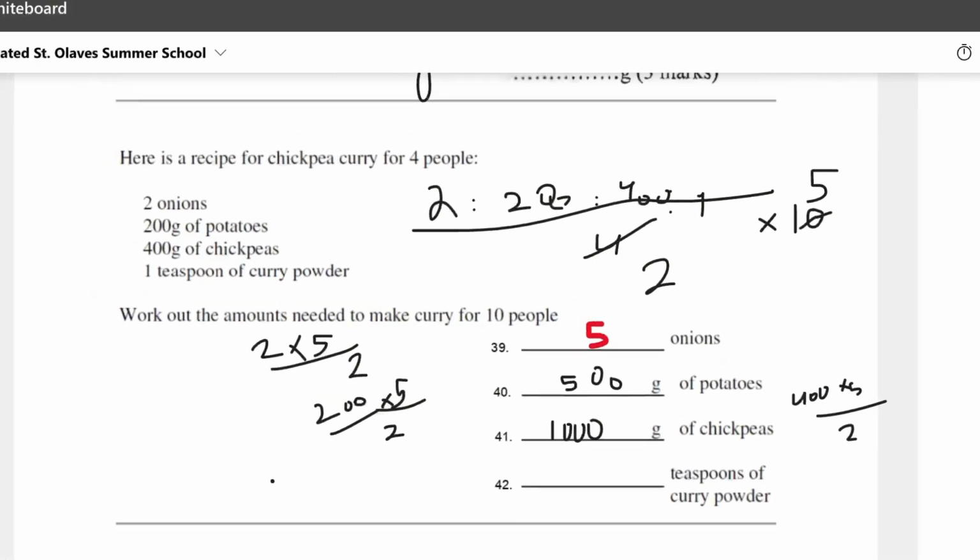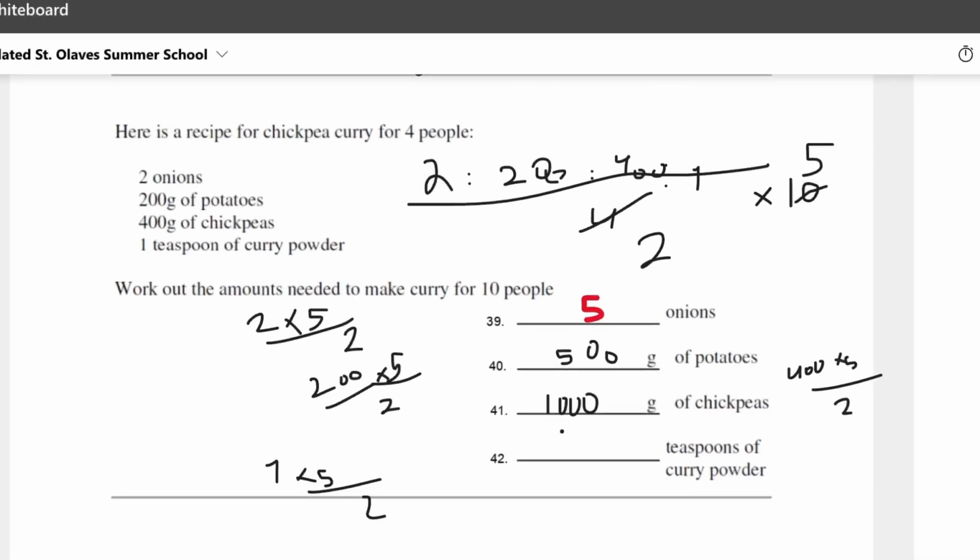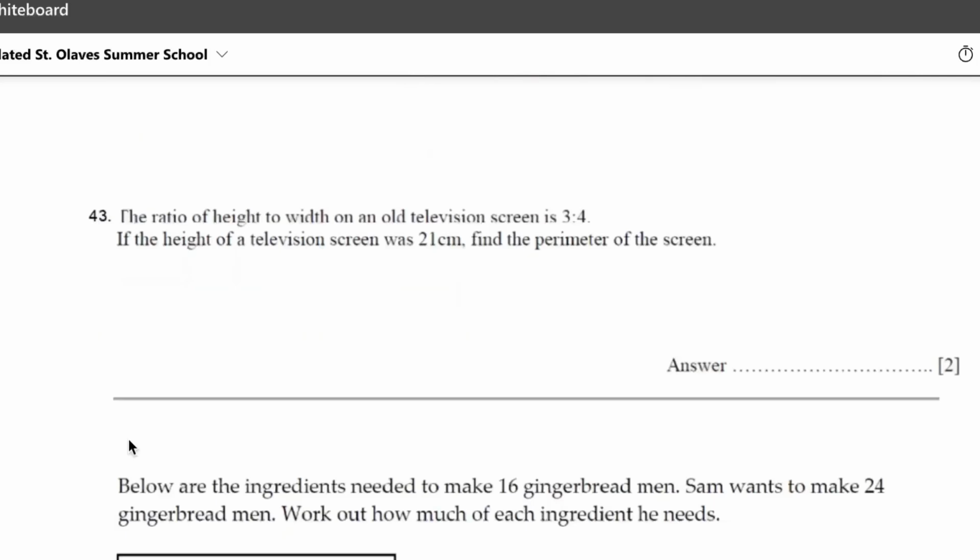We're going to have 1 multiplied by 5 divided by 2. Let's make sure you can see that. Yes, you can. And then we get 2.5. And there we go.